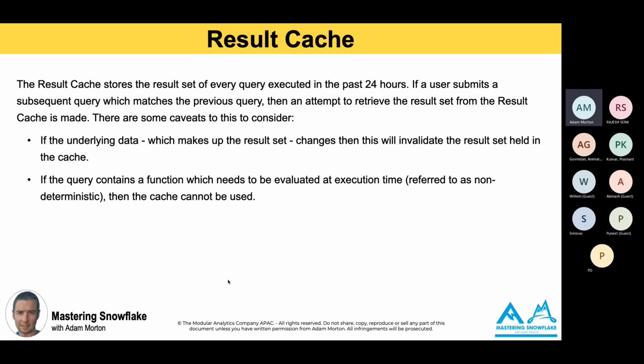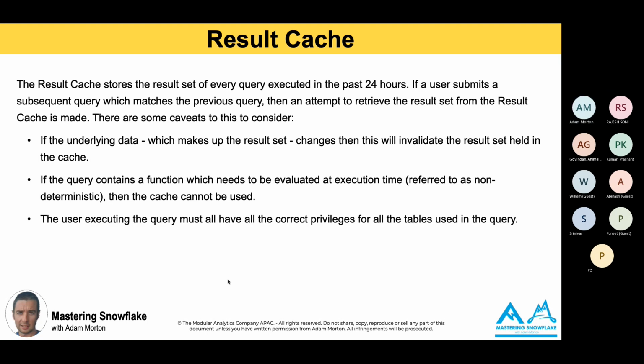Similarly, if the query contains a function which needs to be evaluated at execution time, you may know this is referred to as non-deterministic, something like the equivalent of a get date time, for example, then the cache can't be used because the query optimizer can't evaluate that until execution time.